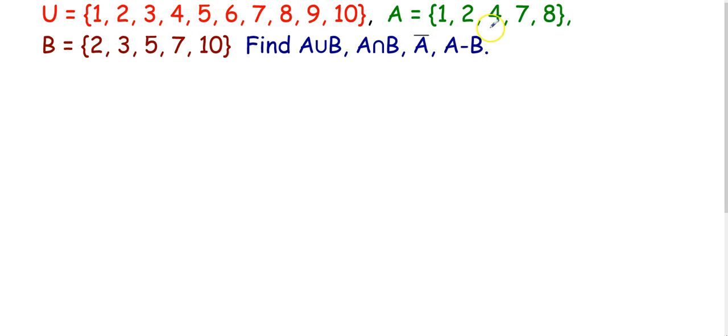A is equal to 1, 2, 4, 7, 8, and B contains 2, 3, 5, 7, 10. We have to find A union B, A intersection B, A complement, and A minus B. Okay, first let us find A union B.